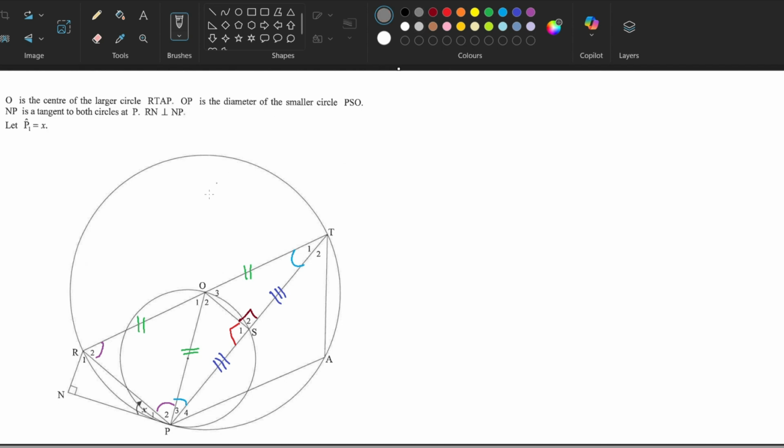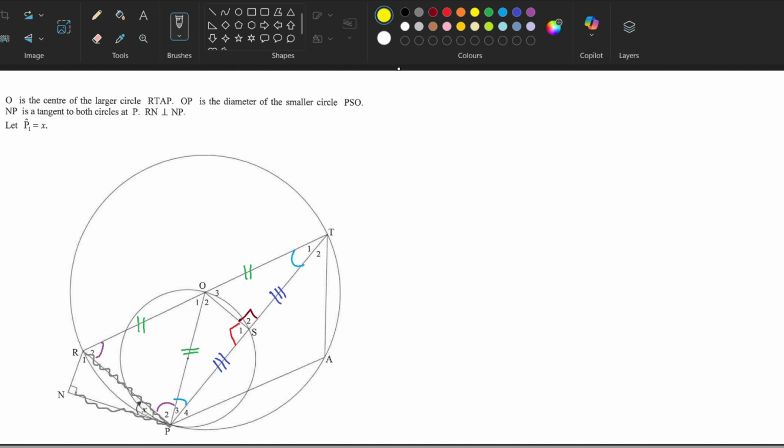So P1 is equal to what? We can see that we have a tangent, which is PN, and a chord, which is RN. I always tell my students that if you are dealing with the tan chord theorem, you are going to take note of which chord is creating an angle with the tangent.